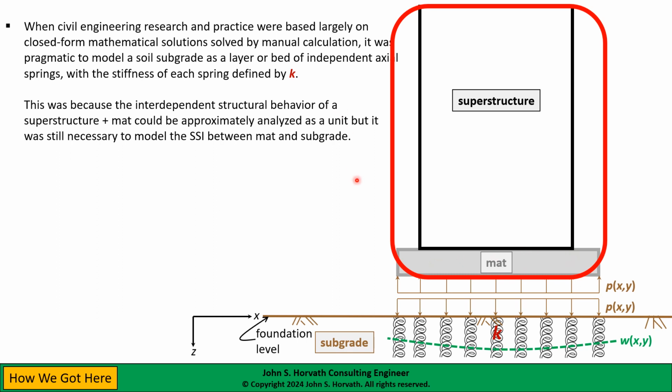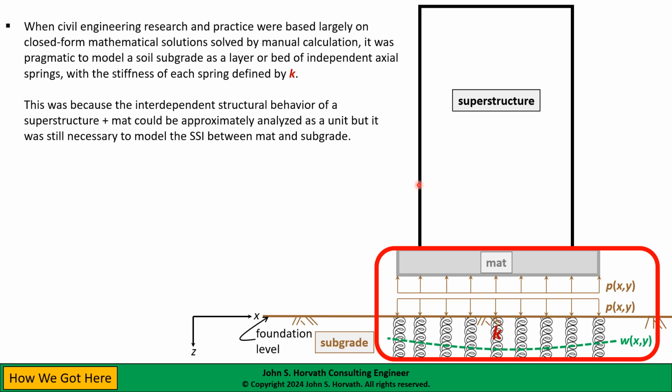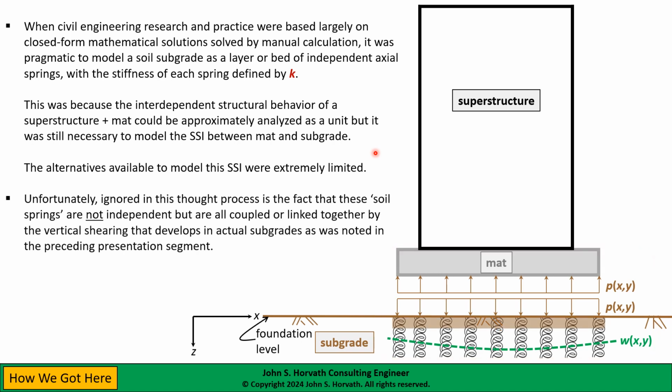The point I'm getting at is that even in the pre-computer era, there was a way to approximate the superstructure mat interaction structurally, simply by artificially increasing the flexural stiffness of the mat to approximately reflect the influence of the superstructure. However, it was still necessary to model the relationship between the mat and the subgrade in some way, and the alternatives available to do this in the pre-computer era were extremely limited. As it turns out, there are really only two ways to do this.